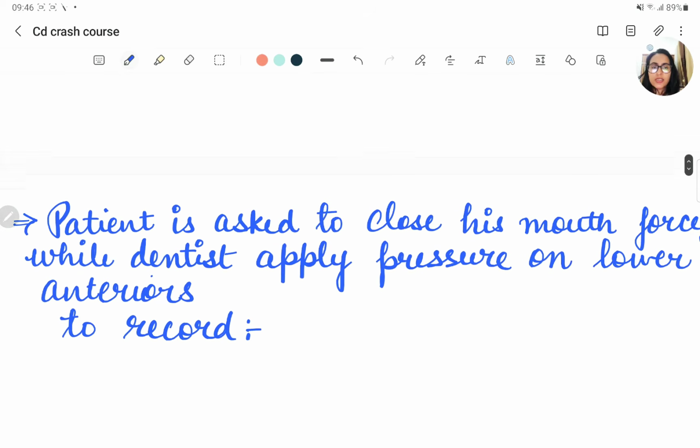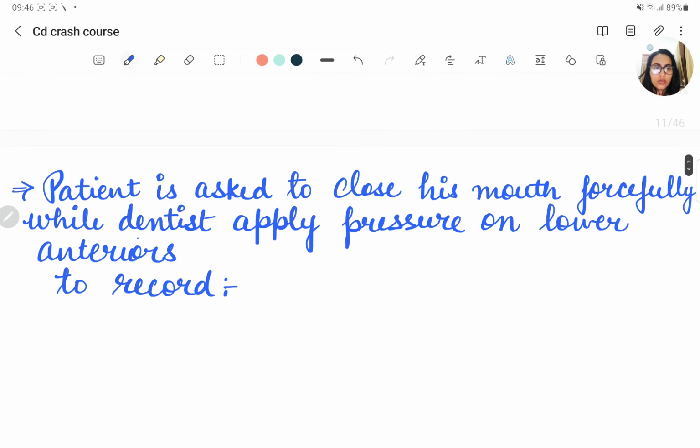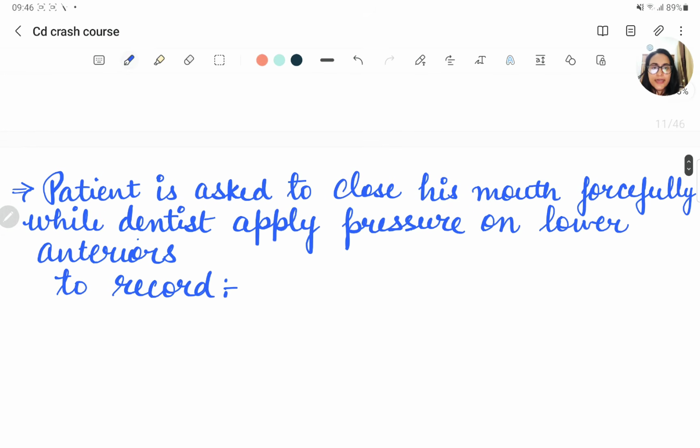Now, the patient is asked to close the mouth forcefully while the dentist applies pressure on the lower anteriors. So you apply pressure on the lower anterior teeth and ask the patient to close the mouth forcefully. It is done to record the masseter muscle activity and medial pterygoid.